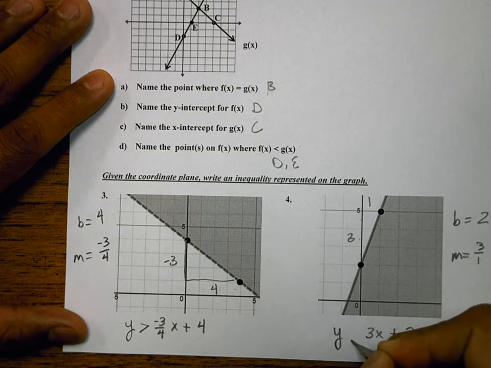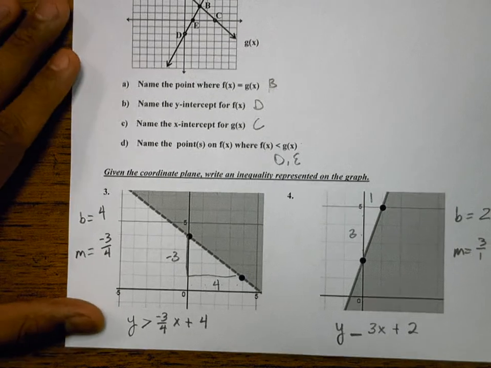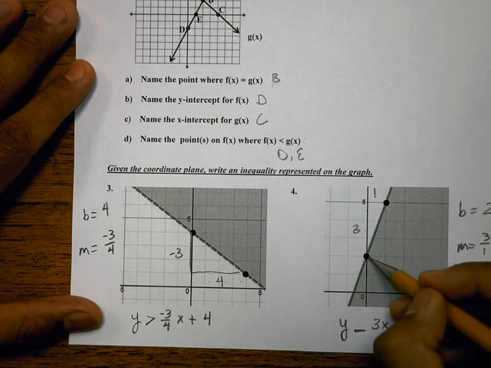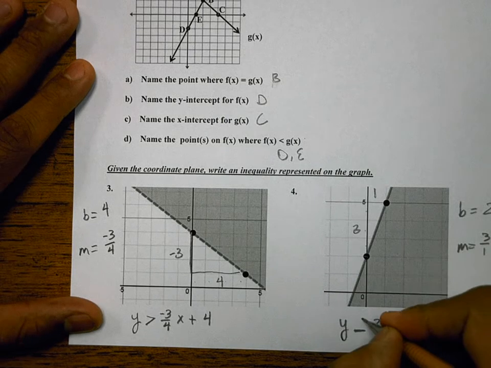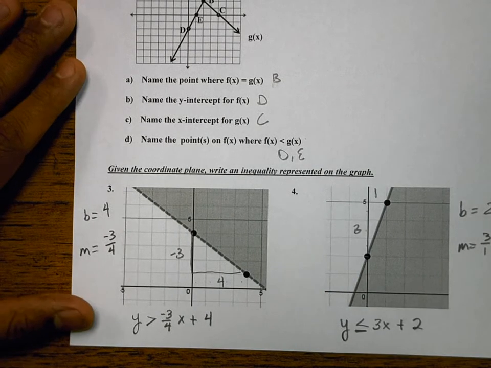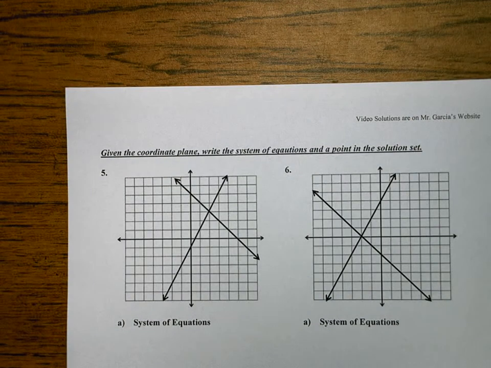It's a solid line, so I have an or equal to. I just have to figure out the inequality part now. Is it less than? We shaded below the line, so that means the y's are less than. Going on to the next page.